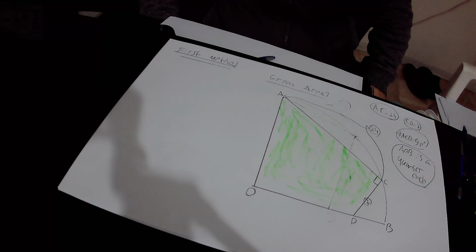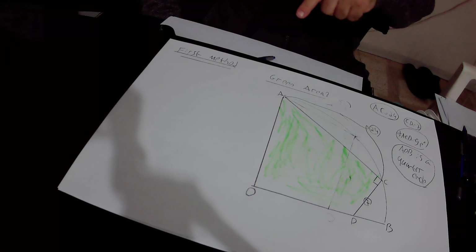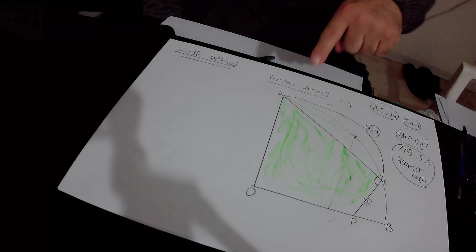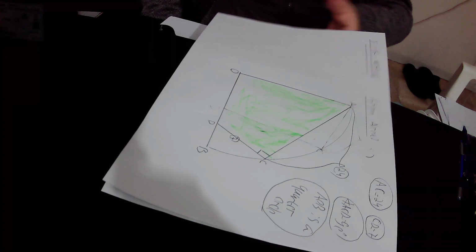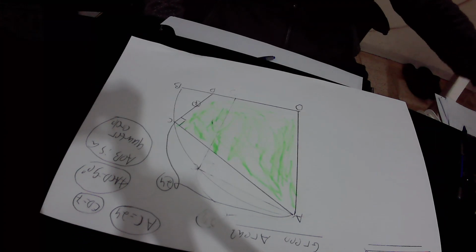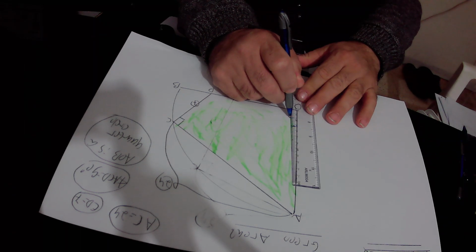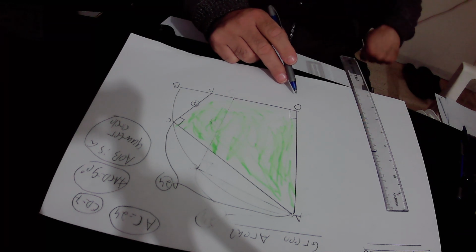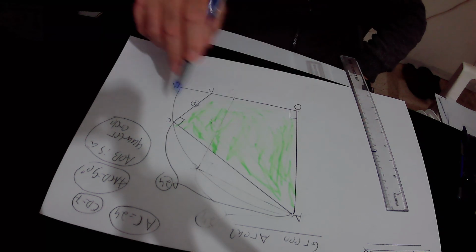Okay, so we start with the first method. First of all, because AOB is a quarter circle, this angle AOB equals 90 degrees. And also, this point O is the center of the circle that we can create by completing this quarter circle to a circle.